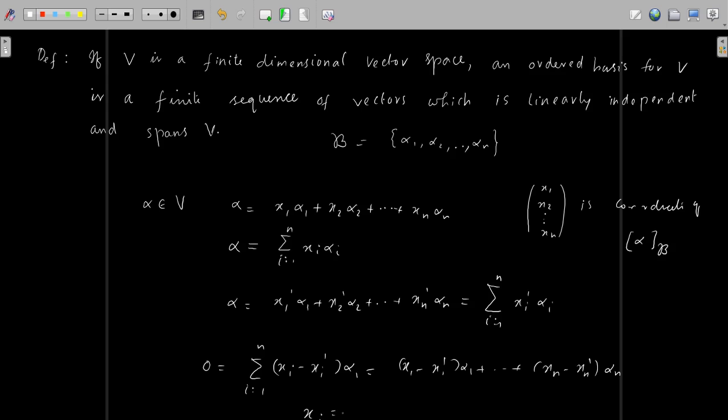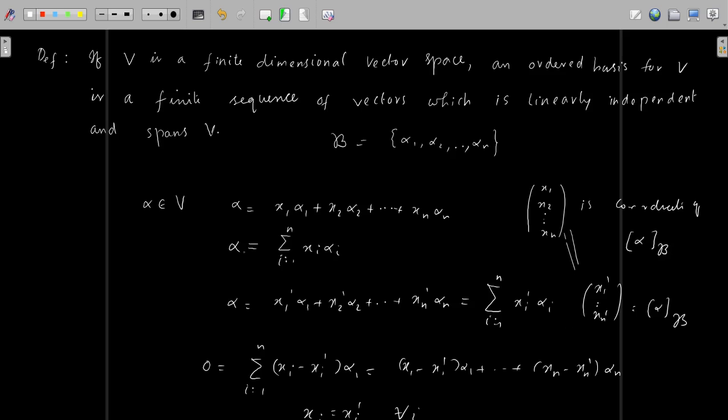So we get xi equal to xi prime for all i. This shows that these two coordinates, x1 prime etc., xn prime, are the coordinates of alpha with respect to the same B. So when you fix this ordered basis, these two coordinates are exactly the same. That is what we have proved here.